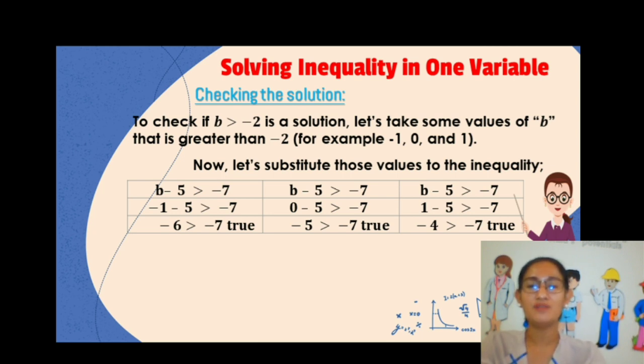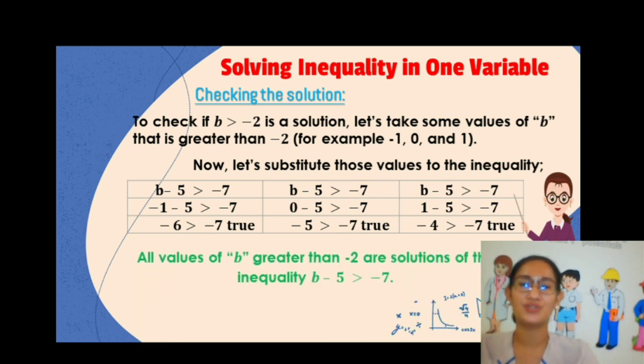Let's have the value of 0. 0 minus 5 is greater than negative 7. Negative 5 is greater than negative 7, which is also true. Let's have the value of 1. 1 minus 5 is greater than negative 7. Negative 4 is greater than negative 7, which is also true.